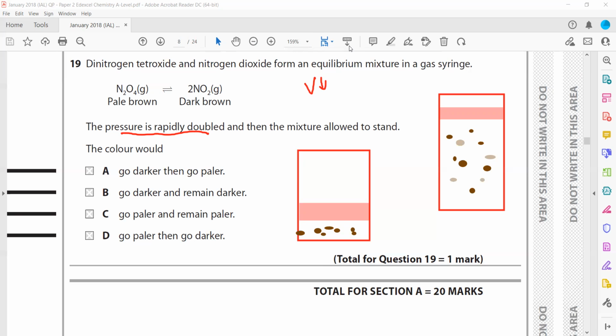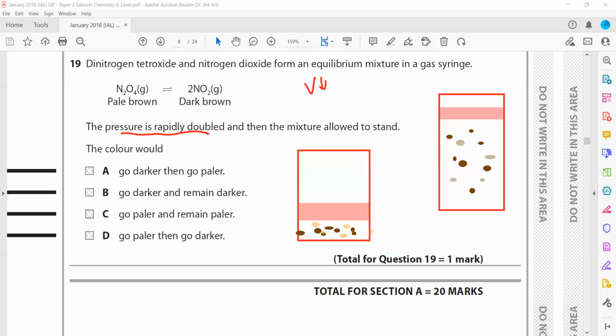As a result, it will appear darker. Like for example, in winter, you may have seen the smoke which is coming out. It appeared to be dense. Why did it appear to be dense? Because the particles are very close to each other. So when we instantly compress, the particles come closer, so it appeared to be darker.